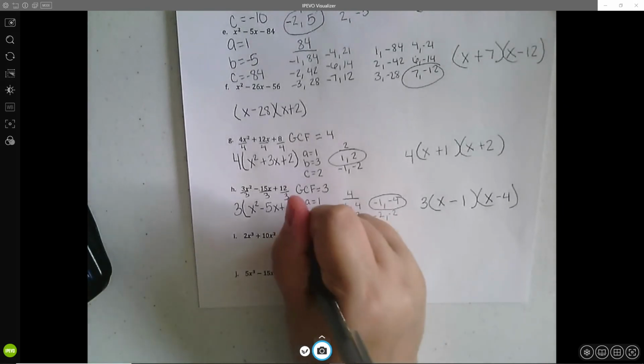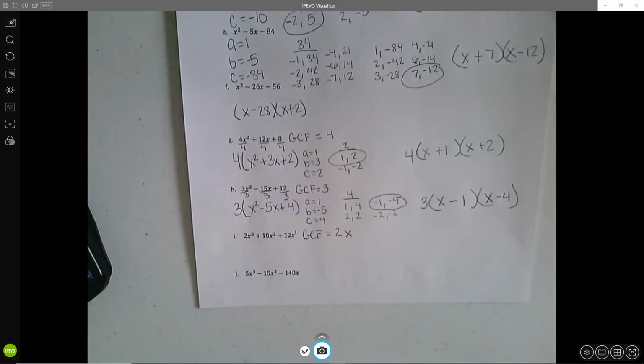So on these x's, the lowest exponent I see is right there at the end. There was nothing there, but I showed you, if there's no exponent, it really means that you have an exponent of 1. So I need to take out 1x. So my GCF ends up being the 2 from the number and the x because of the variable.